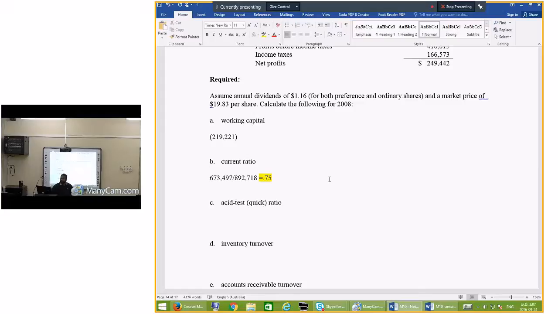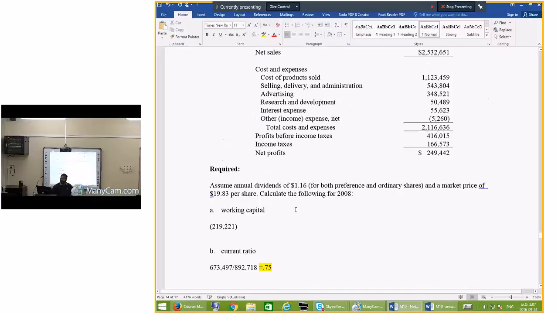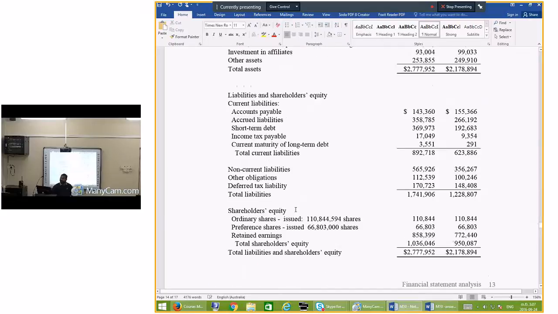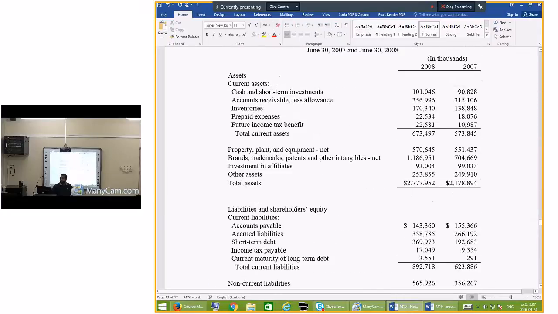Acid test ratio, that's the quick ratio. Quick assets divided by current liabilities. What are the quick assets?